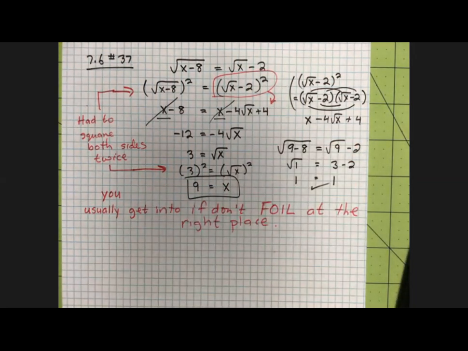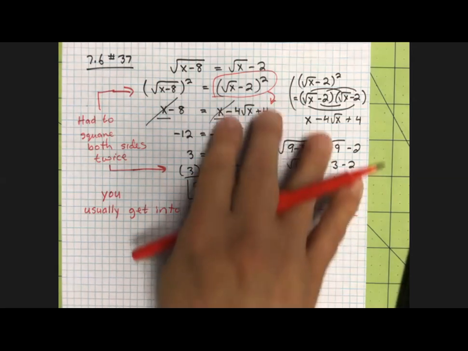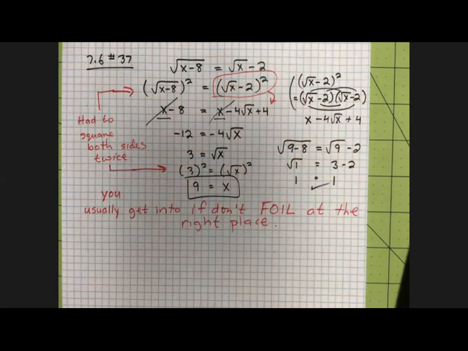But here's the good news about today. All the problems in the section are just like what I showed you. That is maybe the worst case scenario. Here, let me see if I can pick an uglier one. If you had two square roots on one side, then you just move one of them to the other side, like 41, 43, 44.